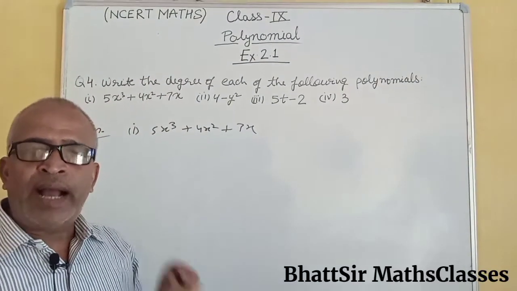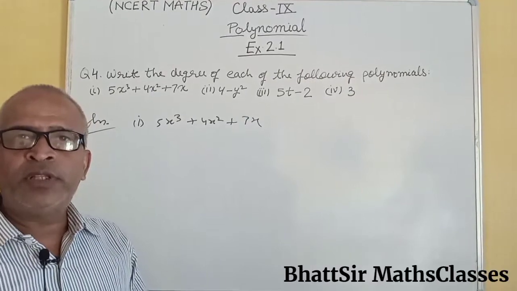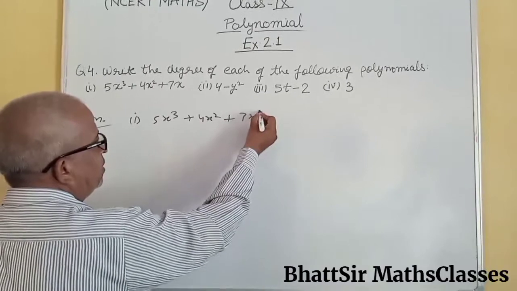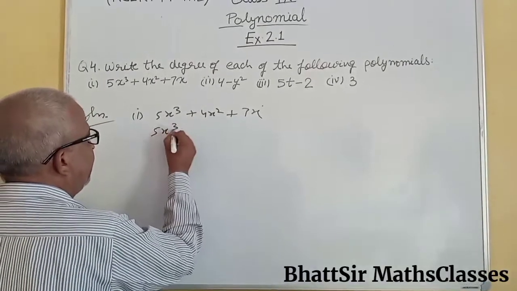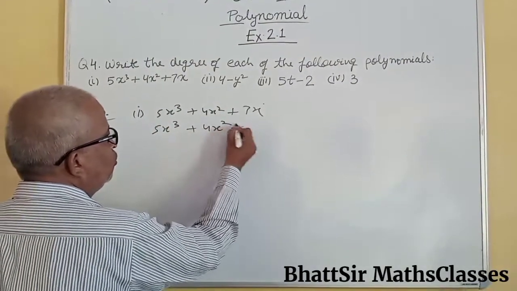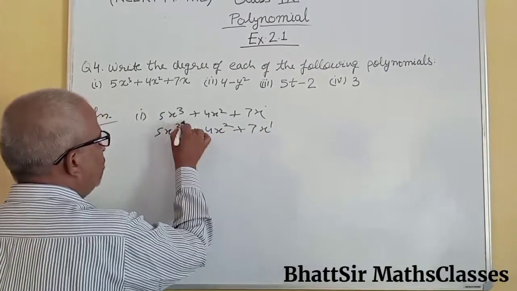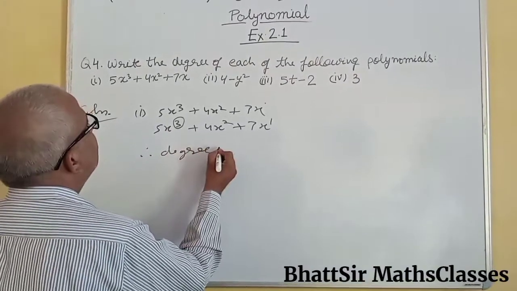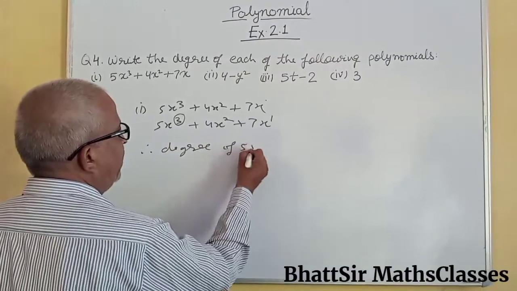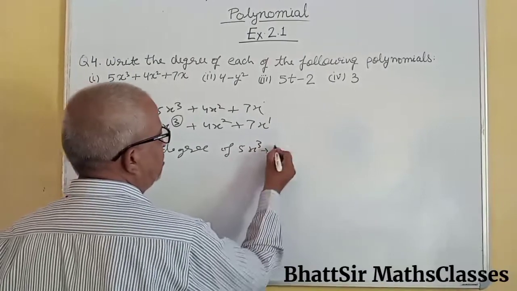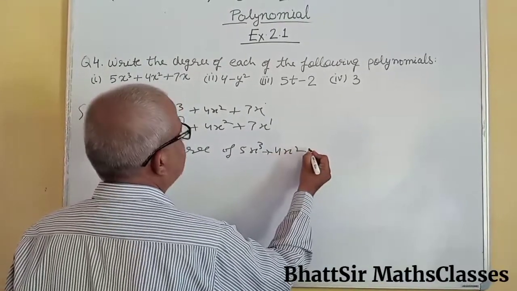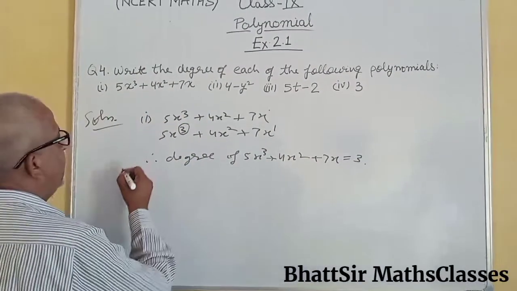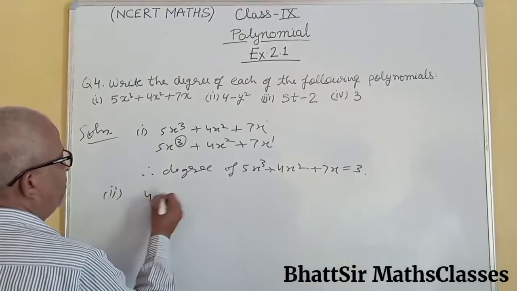Degree is the highest power of the polynomial. We can write it in this manner: 5x^3 plus 4x^2 plus 7x power 1. So the highest power is 3. Therefore the degree of 5x cube plus 4x square plus 7x is 3.